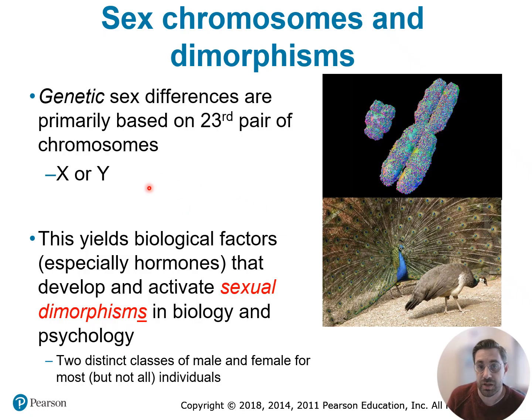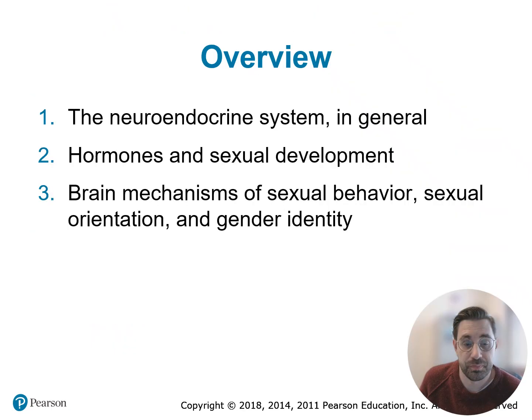So this is sort of the genetic differences that we introduced way back in chapter 2. In this chapter, we're going to go beyond these differences and talk about how those differences develop based on the hormones that are differentiated in those systems, and we'll talk about psychological differences in terms of behavior.